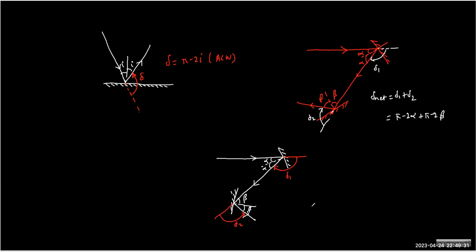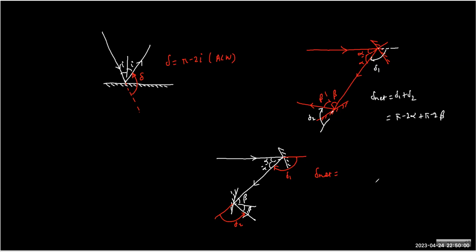So you extend the incident ray and then you turn towards the reflected ray. You can see we have two different senses of rotation. So what is the net deviation? In such a case, you have to choose one of them as positive, the other as negative. You can choose clockwise as positive, then anti-clockwise becomes negative, or vice versa. But it doesn't matter, because if you choose something as positive and the final answer is negative, it means the deviation is the other way around.